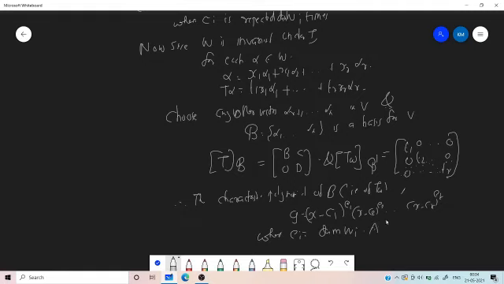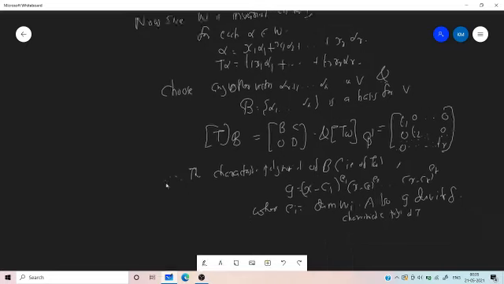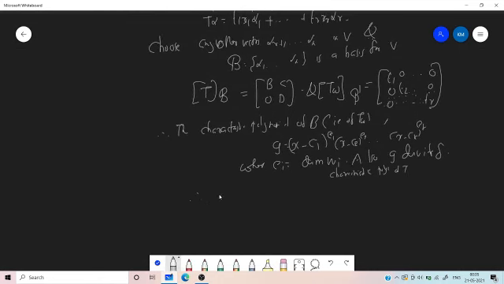Also, g divides f, where f is the characteristic polynomial of T.